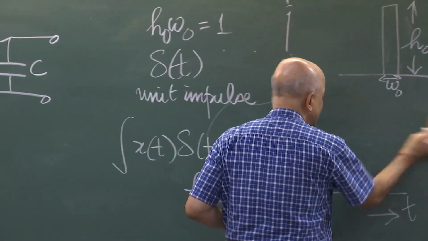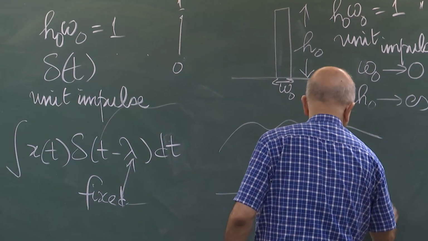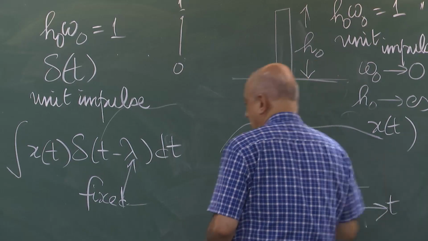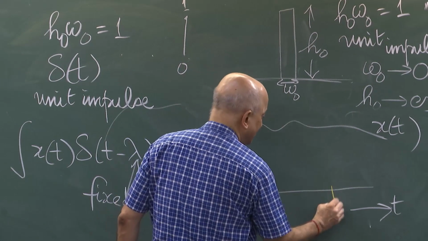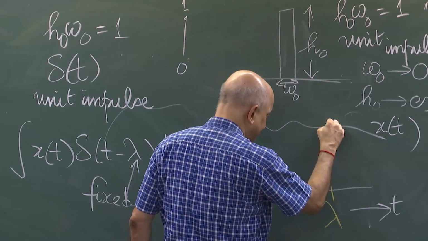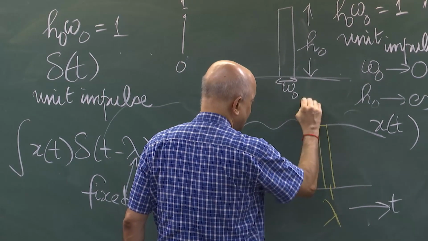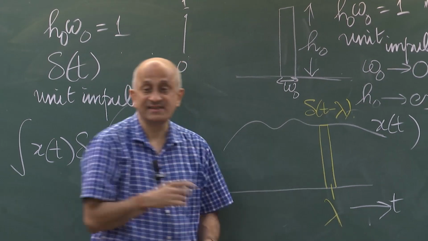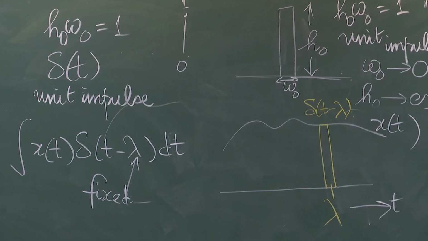Let's envisage it. You have this function x of t, and you have delta t minus lambda. Lambda is here, and you have delta t minus lambda, where this width starts tending to 0, but the area is maintained.